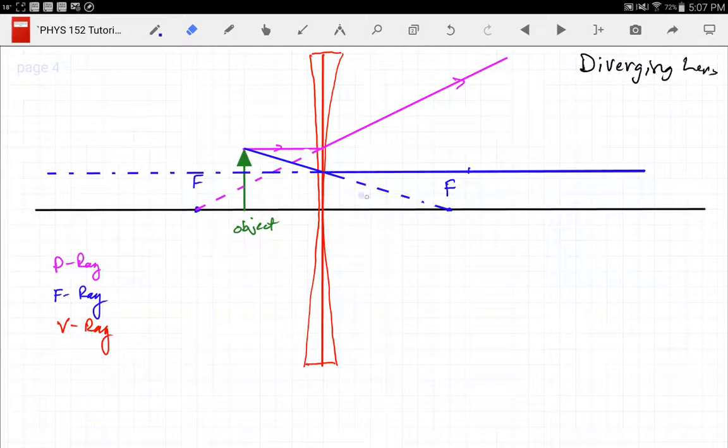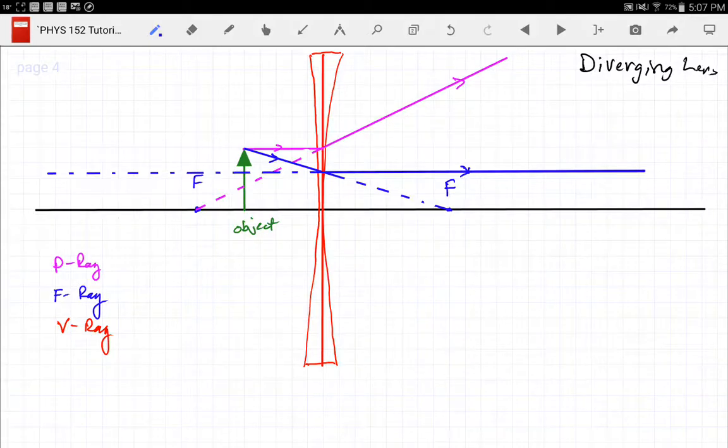Now, this last part I did, no light did that, no projection of the light. That was if I had gone straight, it would have hit the secondary focal point. But it refracted. And so the actual light went like this, came out like that.